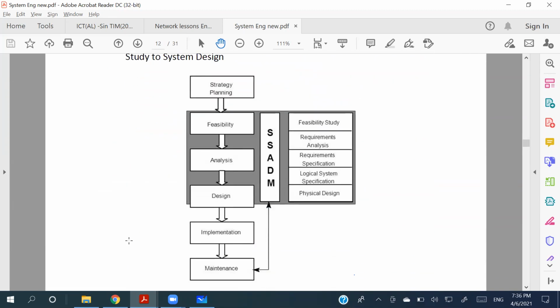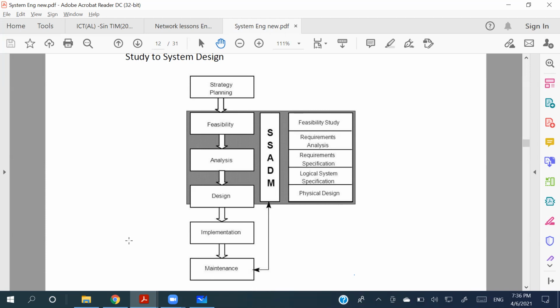SSADM. So very easily, SDLC means there is planning, analysis and designing, and implementation, and then before maintenance we just deploy it and see, right?